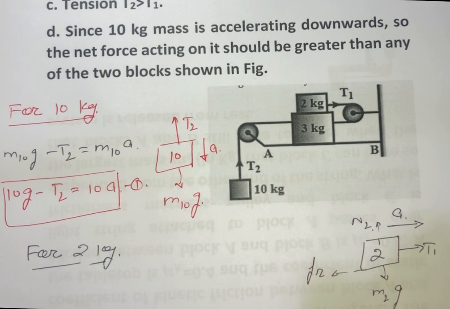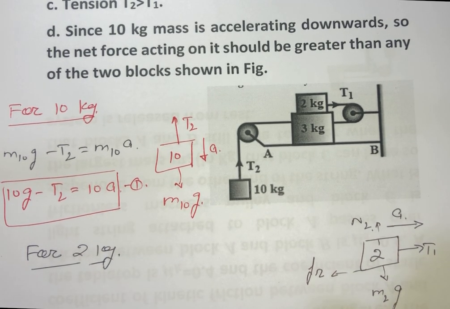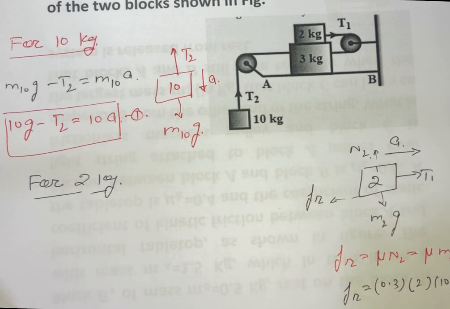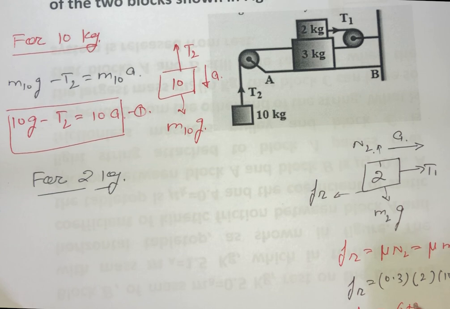The frictional force Fr will be equal to mu multiplied by N2. N2 is M2G, so this will be mu multiplied by M2G. Substituting, this is 0.3, M2 is 2, and G is 10. So we get Fr equal to 6 newtons.